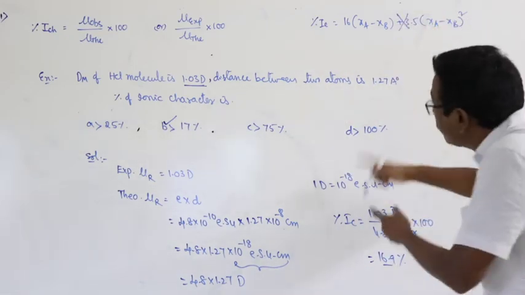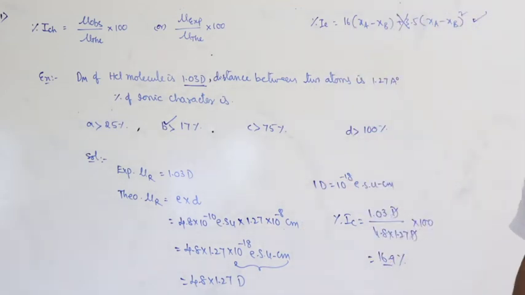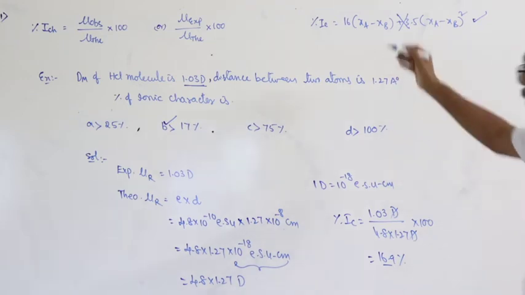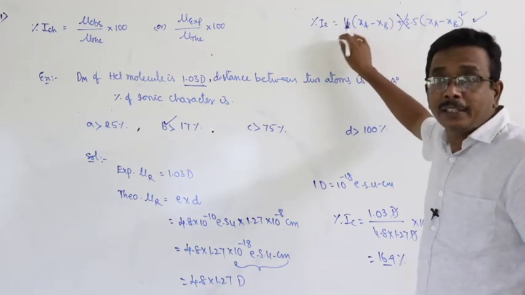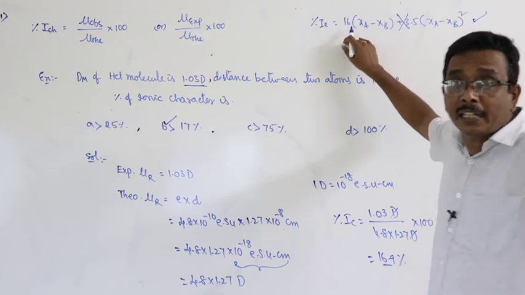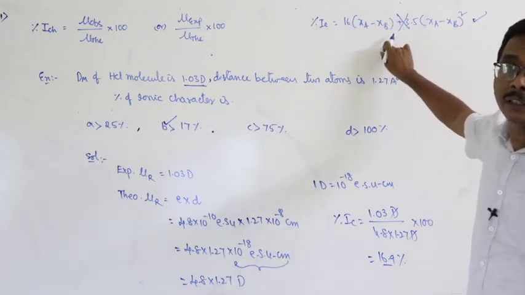In such cases, you have to recall in your mind. That is the application of the information. Actually, this is one of the formulas used to calculate the percentage of ionic character. It is given in the chapter periodic table under the banner electronegativity.